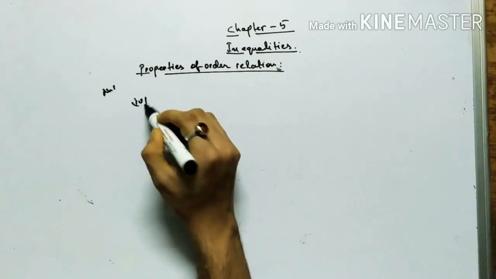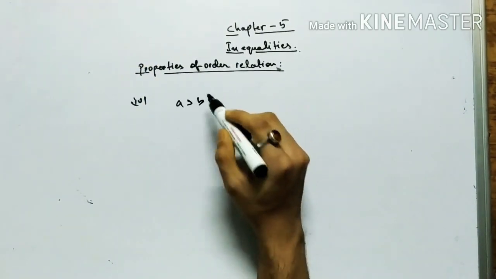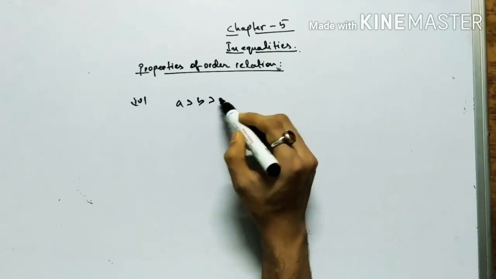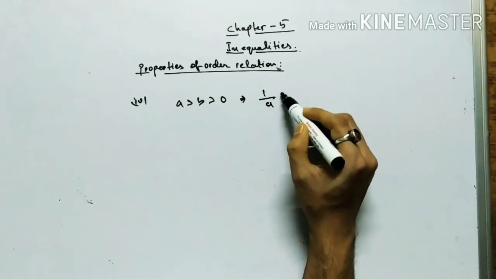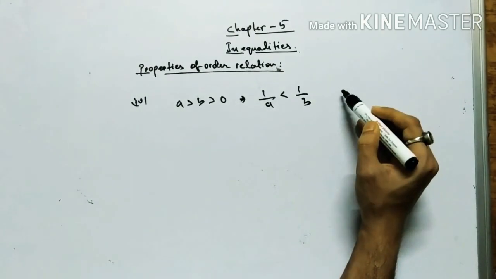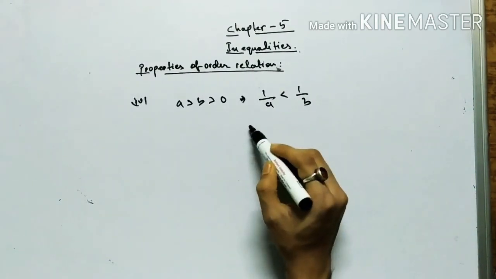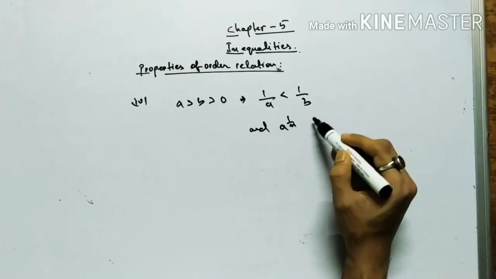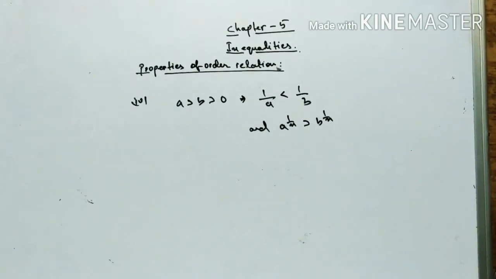Next, you see number 4. A is greater than B, and B is greater than 0. Then 1 by A will be less than 1 by B. And again, A to the power 1 by n will be greater than B to the power 1 by n.